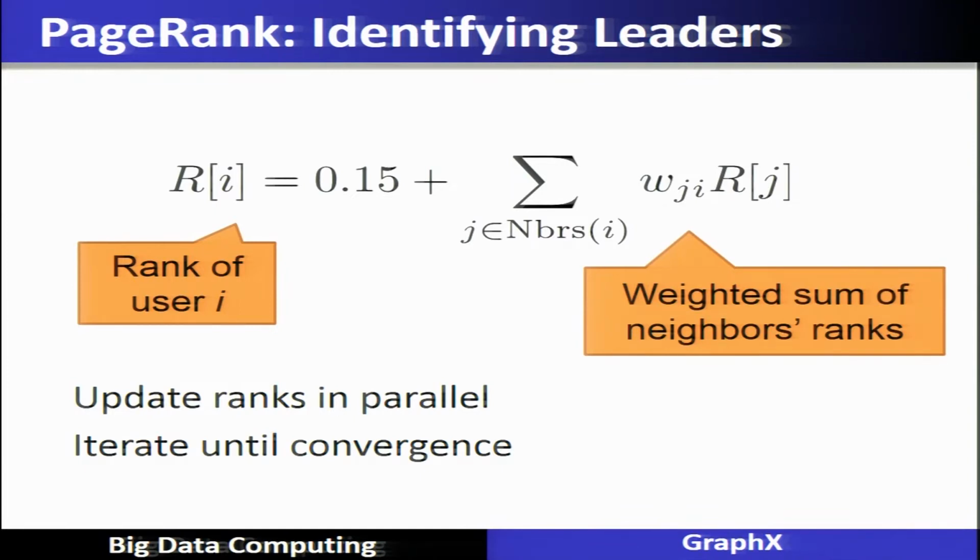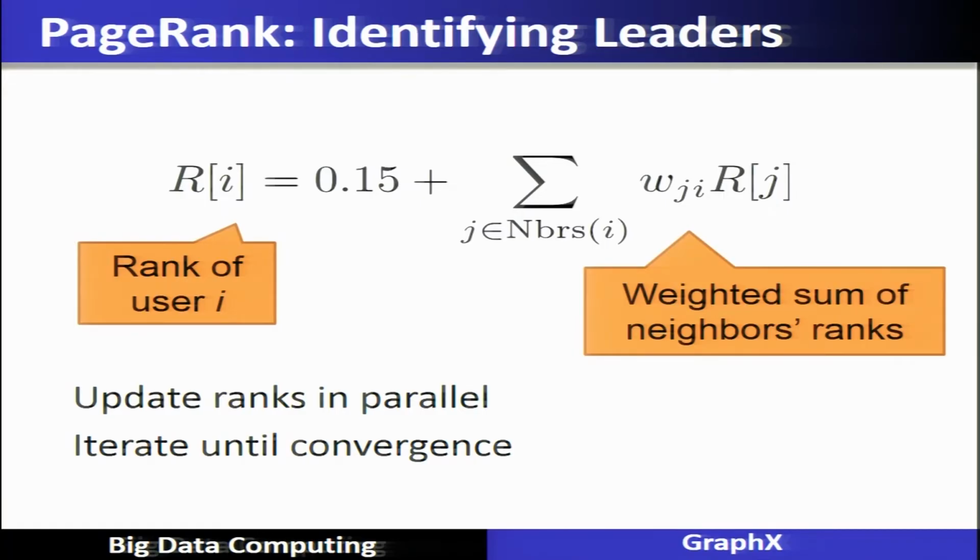Now we will see PageRank, which is very central to graph analytics. Here we can understand that the PageRank algorithm is a parallel computation algorithm, and it also performs in different iterations that also have to be done in parallel, and these iterations will continue until it converges.